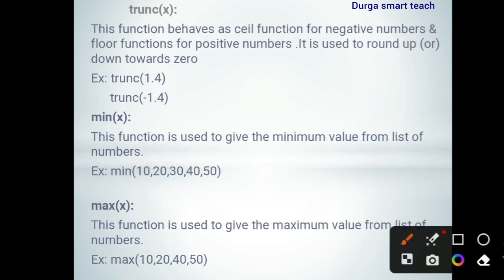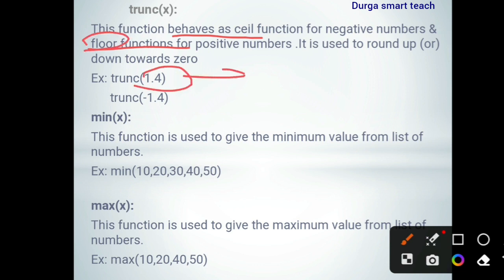Okay. Next, trunc. This function behaves like the ceil function for negative numbers and like the floor function for positive numbers. So it is used to round up or downwards to 0. For positive numbers, it will behave like floor.